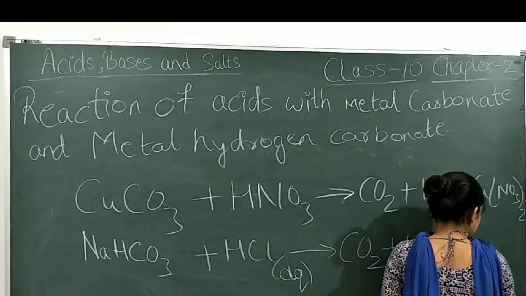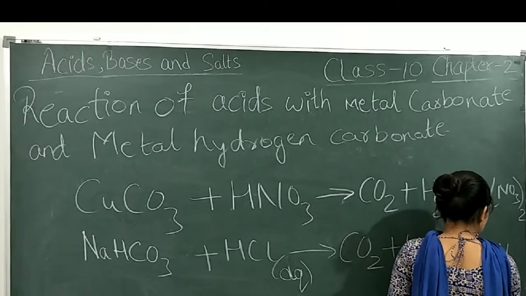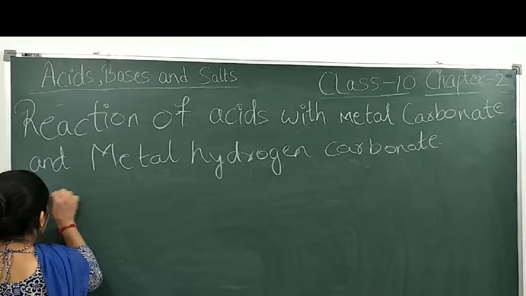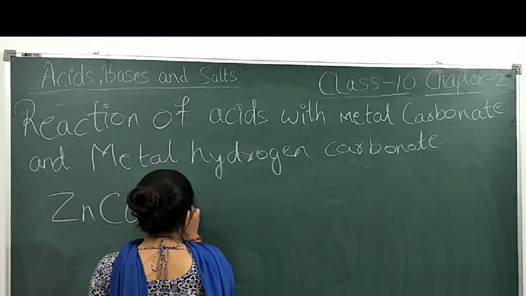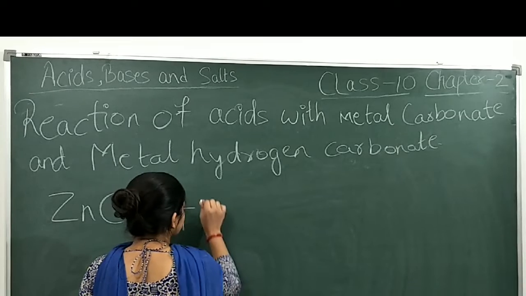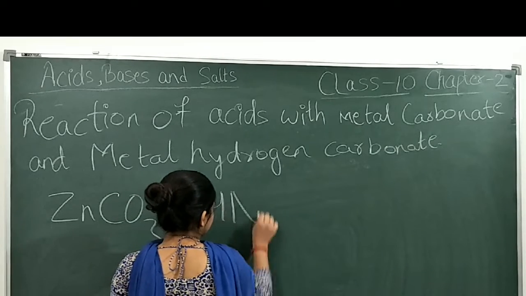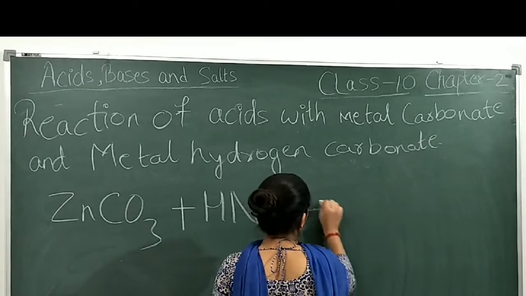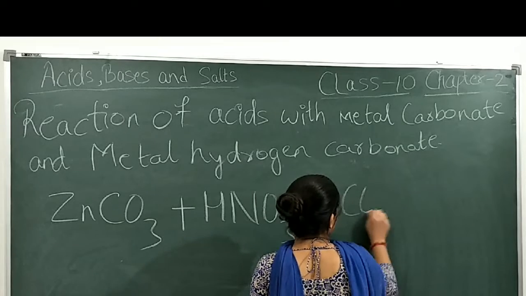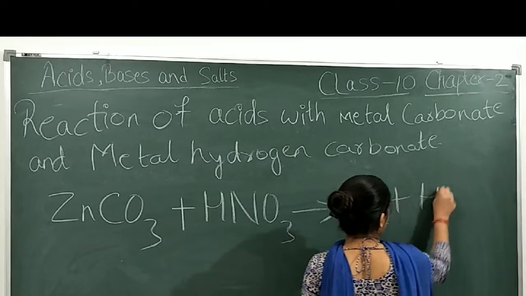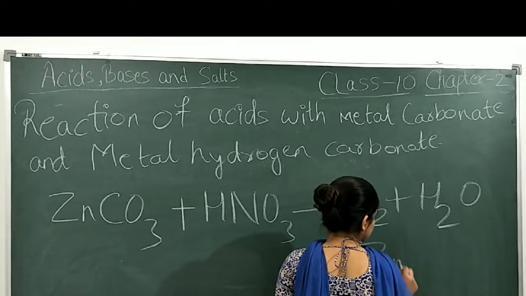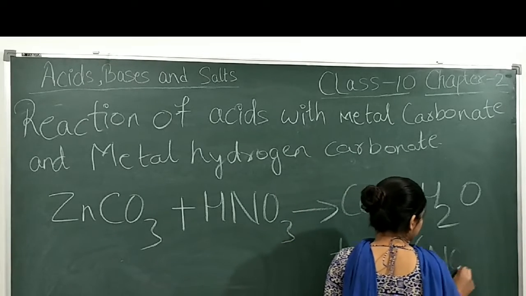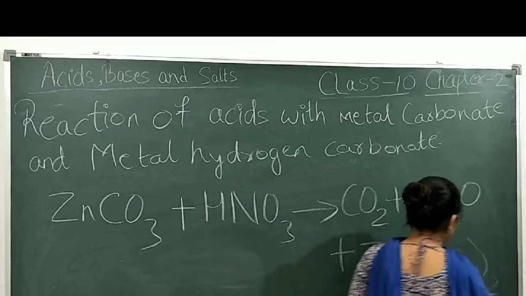Sodium chloride, that is NaCl salt, will form. Now when zinc carbonate reacts with nitric acid, do you know what will form? It forms carbon dioxide and water plus Zn(NO3)2. This is zinc nitrate.